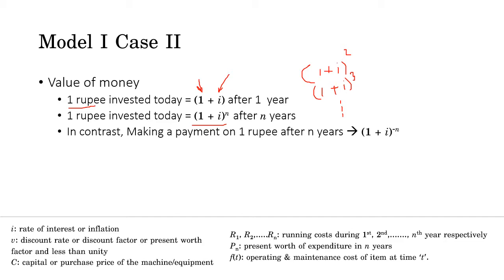And if you see the opposite situation, if we make a payment of 1 rupee after n years, then we will be paying today an amount equal to (1 plus i) raised to minus n. So we have simply taken this term to the other side. This is the meaning of this statement.